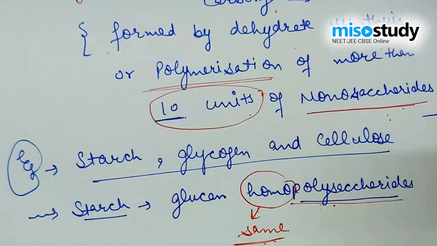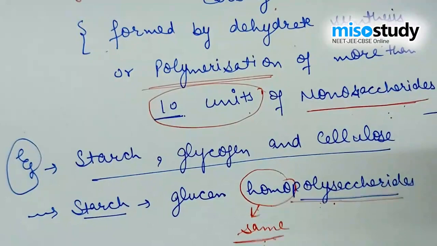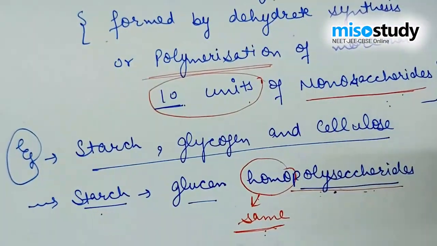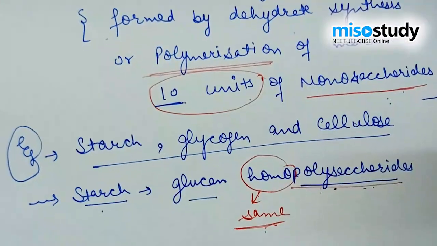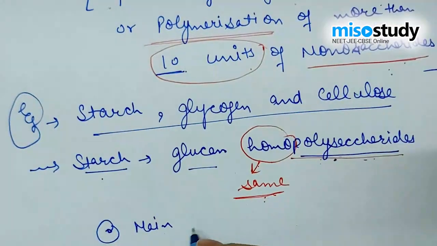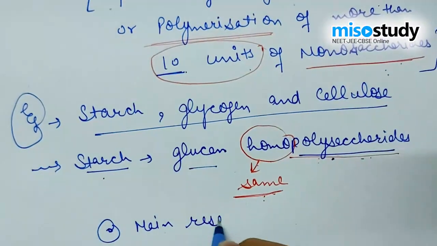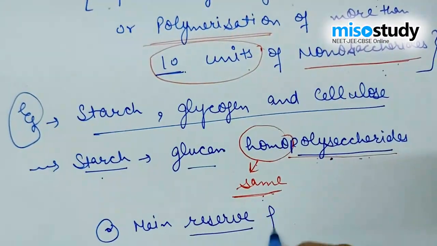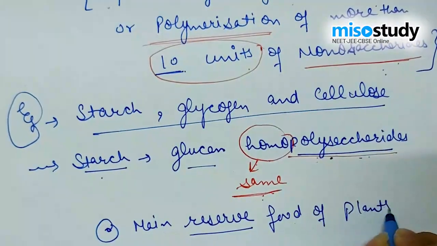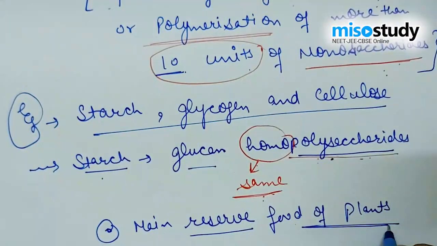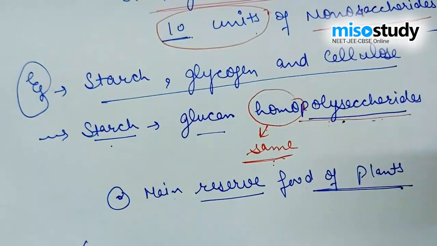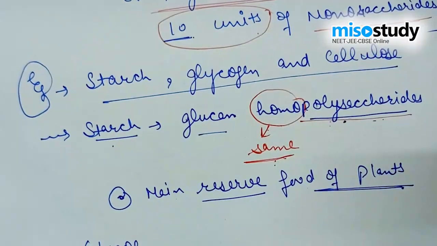Starch is a glucan homopolysaccharide, which is the main reserve food of plants. Next is glycogen.